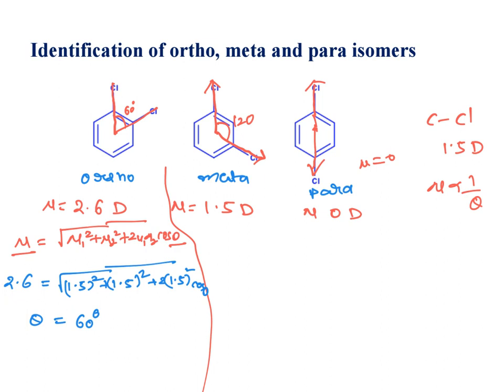If mu is high, theta must be low. So at 60 degrees, mu must be high, 2.6 D. In the second case, 120, theta is increasing and mu decreases to 1.5 D. And in the para isomer, it is completely opposite, 180 degrees, so mu equals 0.